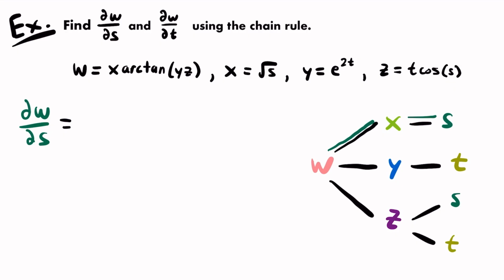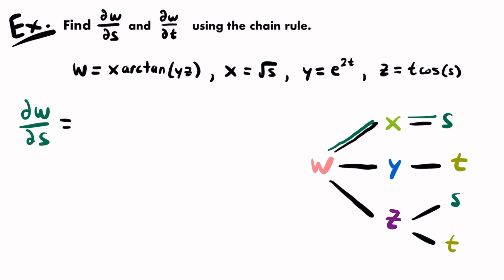and then a partial of x with respect to s. Now, you might be tempted to say, well, we're taking a regular derivative of x with respect to s because there are no options here. But since there are other independent variables present in the other intermediate variables, technically we still want to take a partial derivative with respect to that independent variable for x.